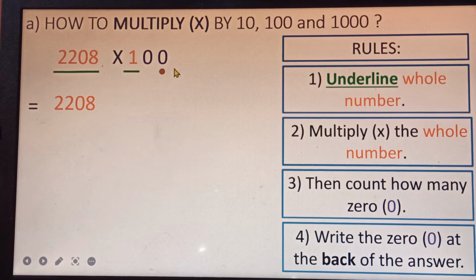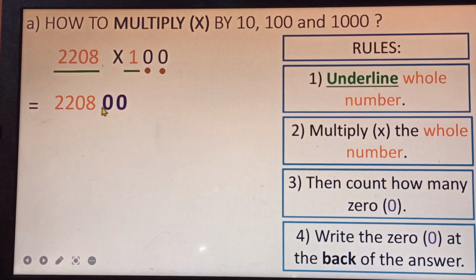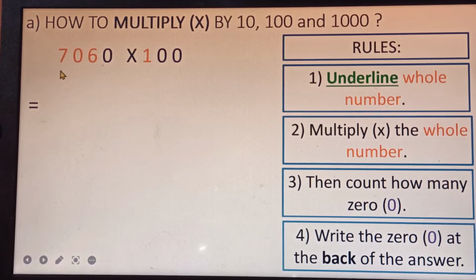Yes, 1, 2. Is there any 0 here? Next to 2,208? No 0. So that means there are only 2 0 to write at the back of the answer. Okay, 2 0 saja. Alright, and the answer is 220,800.